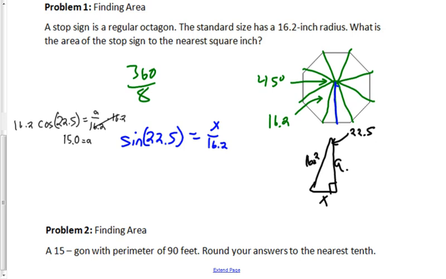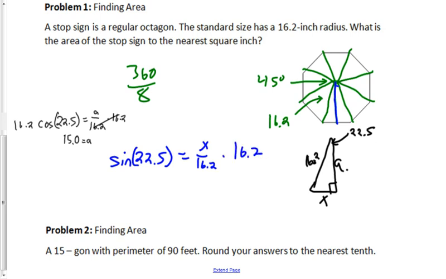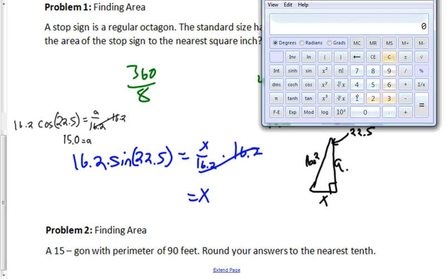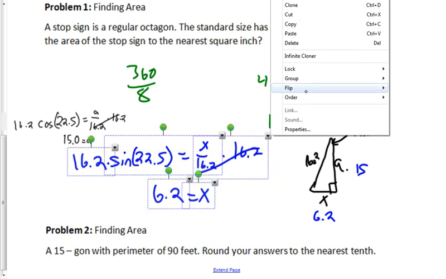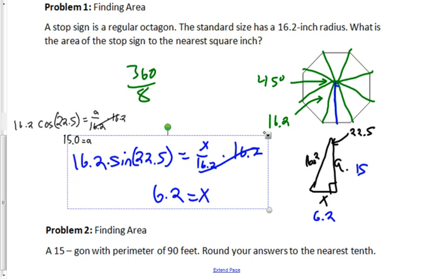Multiplying both sides by 16.2 will give us x. 16.2 times sine of 22.5 is 6.2. So if x is 6.2, our a was 15. I'm going to minimize this because that'll give us pretty much all we need for the rest of this problem.